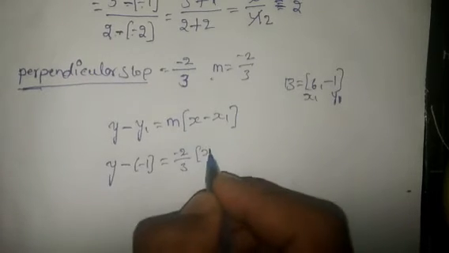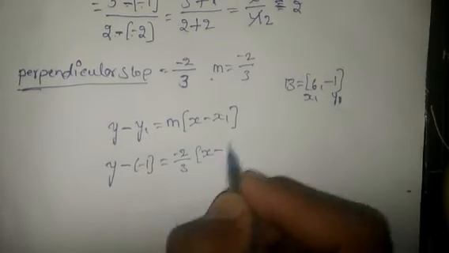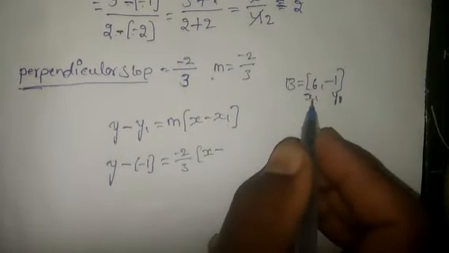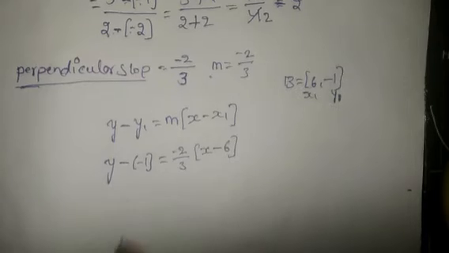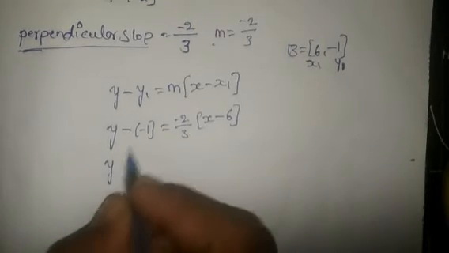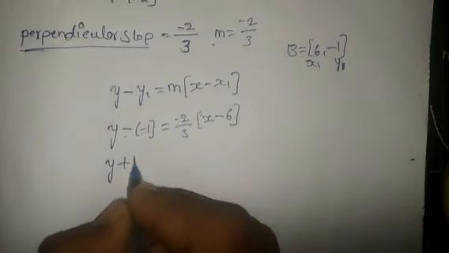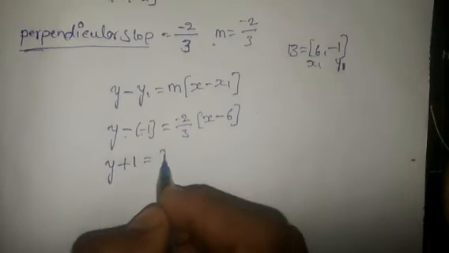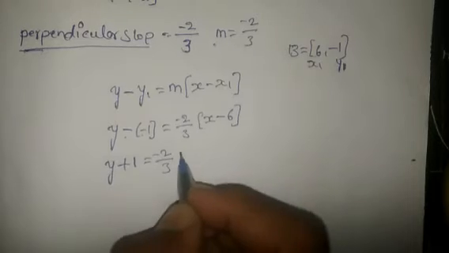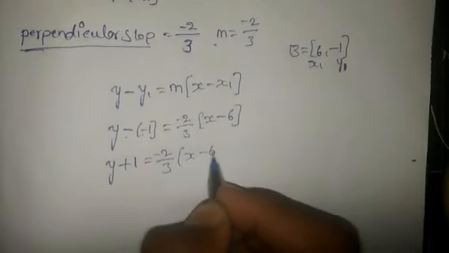We don't know the x value, so write it as x, and minus, we know the x1 value, that is 6. So now y minus into minus, that is plus 1, is equal to minus 2 by 3, and x minus 6.